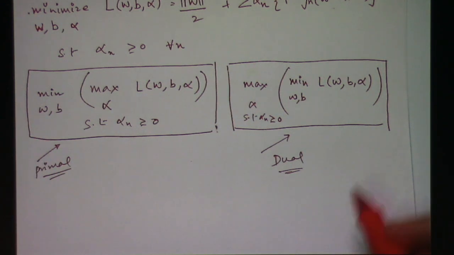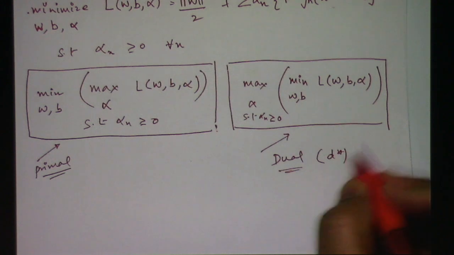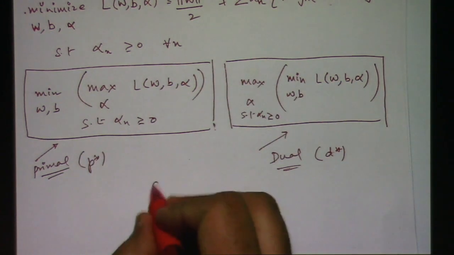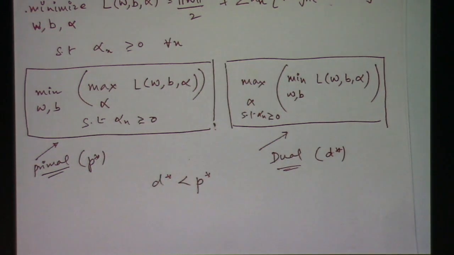And then we also looked at the situation that the value that you'll get from this objective function will always be less than equal to the P star, right?